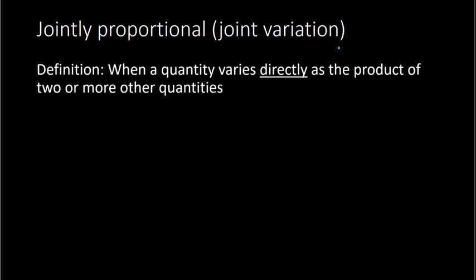We have another term called jointly proportional. What jointly proportional means is that a quantity varies directly as the product of two or more other quantities. So it means directly proportional, but instead of being directly proportional to one value, it is directly proportional to two or more values. Here's an example illustrating that.